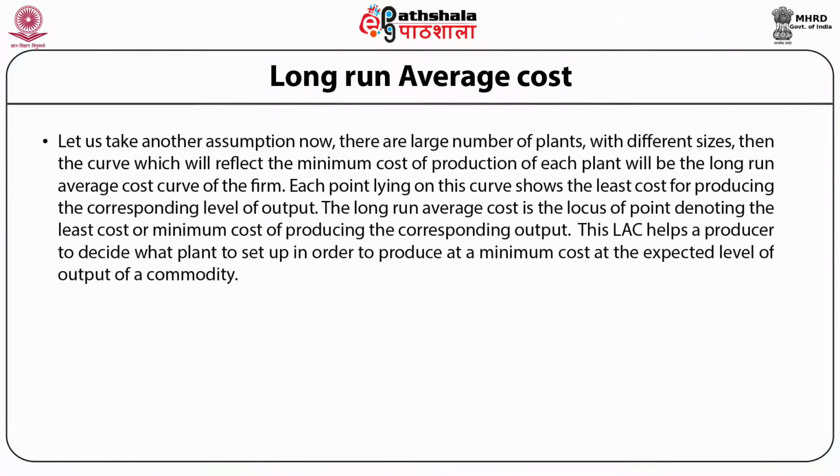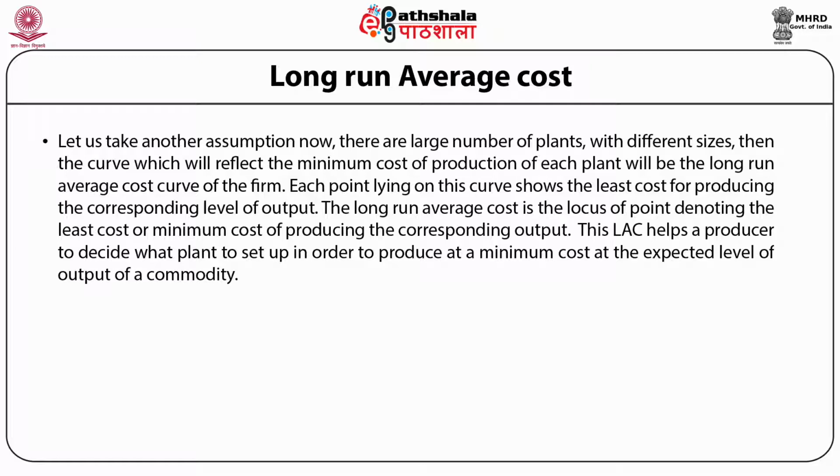Let us take another assumption now. There are a large number of plants with different sizes, then the curve which will reflect the minimum cost of production of each plant will be the long run average cost curve of the firm.